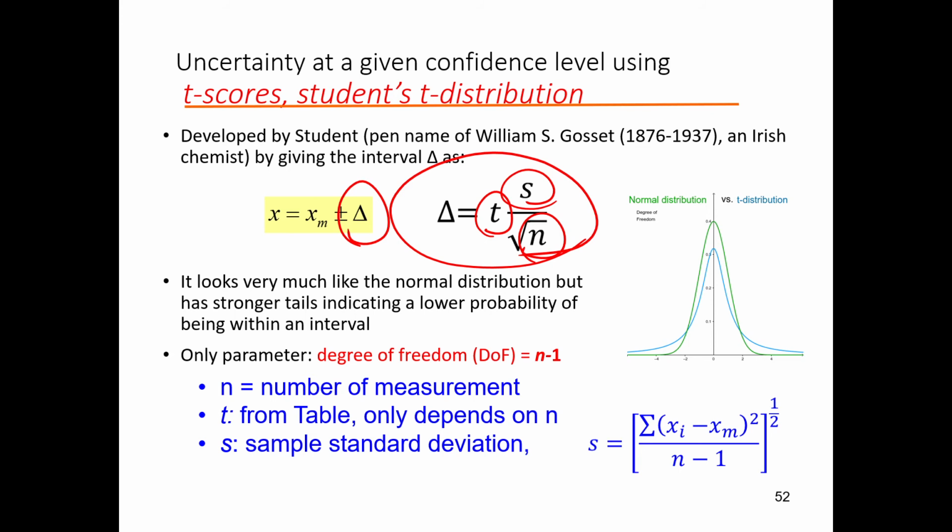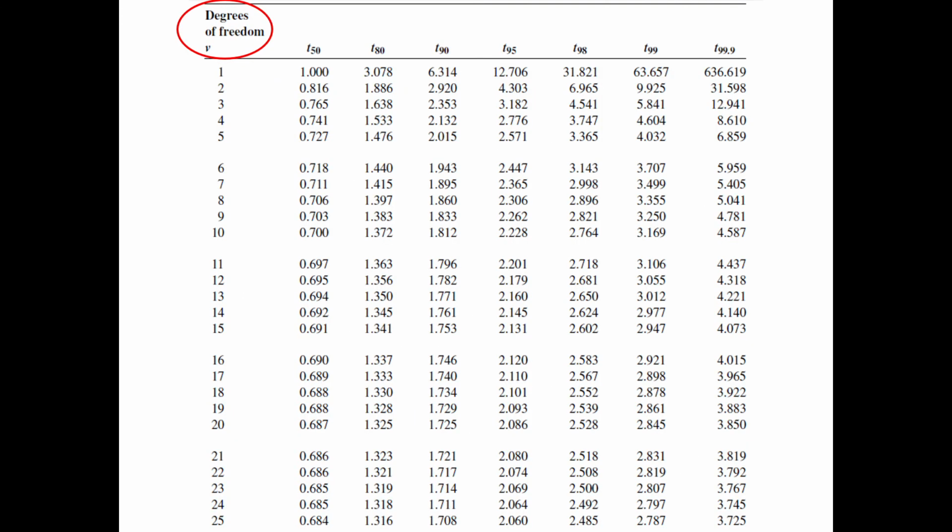We have to be able to find three different values. You have to find the t-score from the table, which depends on the confidence level and the degrees of freedom. You have to calculate the degree of freedom, which is essentially sample size minus 1, very simple. And then you have to calculate the standard deviation.